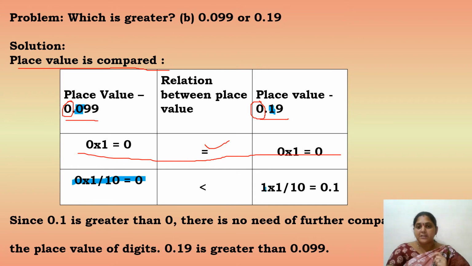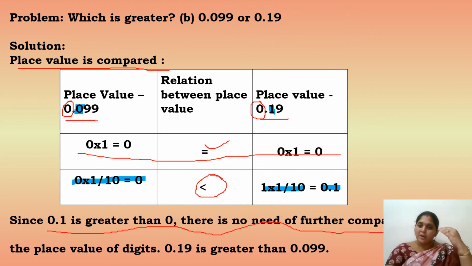So 1 is multiplied by 1 by 10, that is 0.1. Now if you compare here, 0 is less than 0.1. Since 0.1 is greater than 0, there is no need to go for further comparison. So we already found out which is the greater number here.